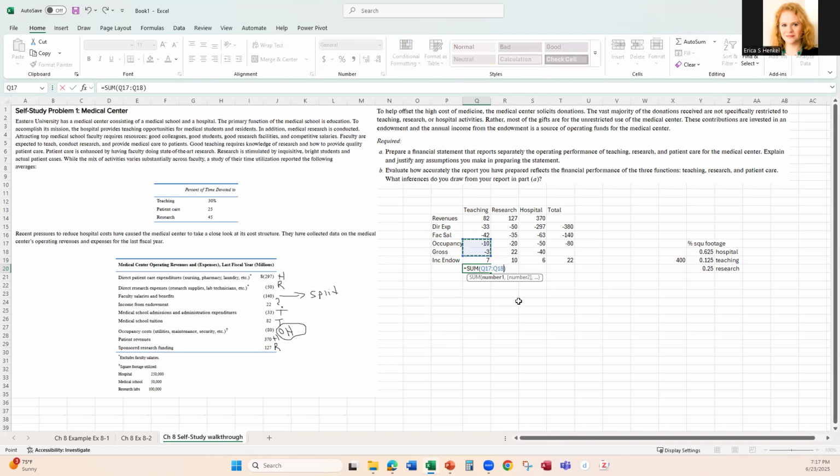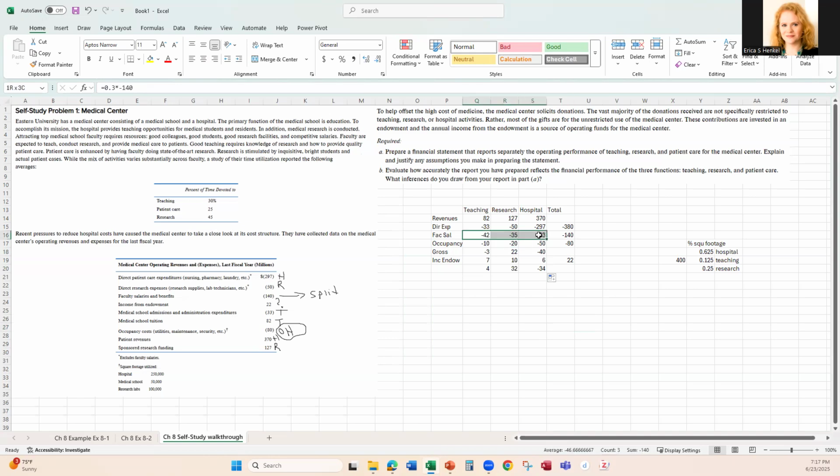All right. So that gets us to still very much in the negative on the hospital there. Let's see. Do I have the same numbers? 370, 297. Do I have these numbers right? That's minus 140. I've got different numbers here.